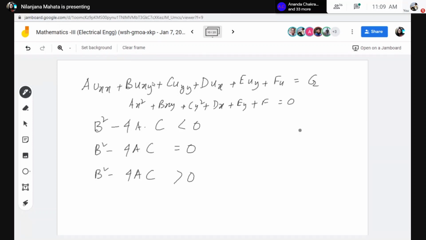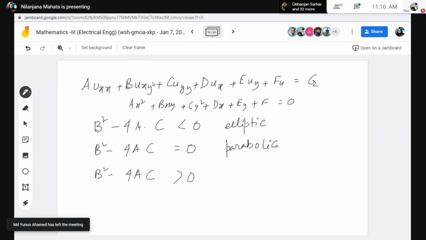So what will be this? If it is less than 0, what will be this? We will assume that we can transform this equation to a canonical form of standard form, and we know. Do you remember what will be this if this is less than 0? Elliptic. Yes, this is elliptic, and this is parabolic, right, and this will be hyperbolic.